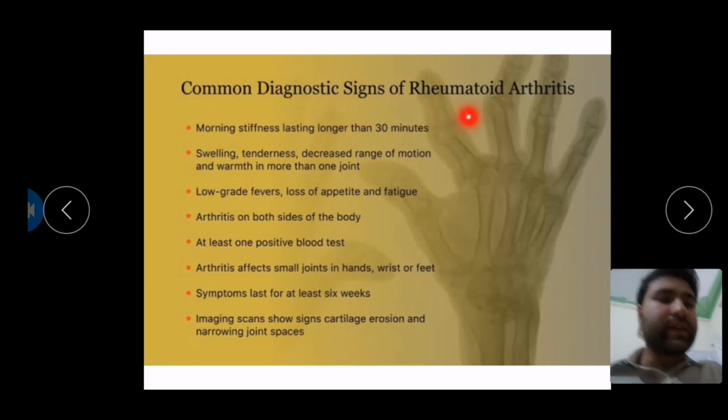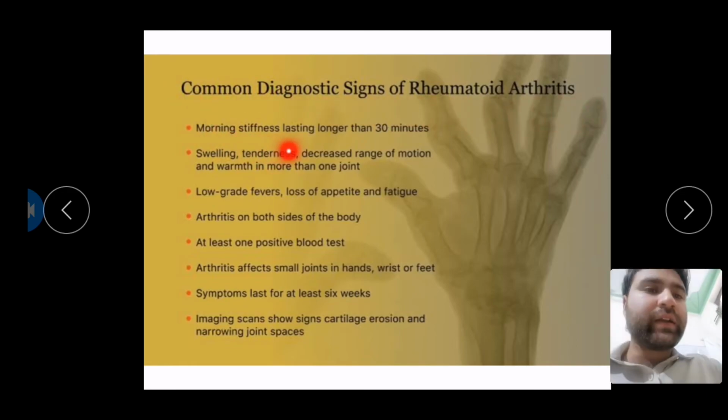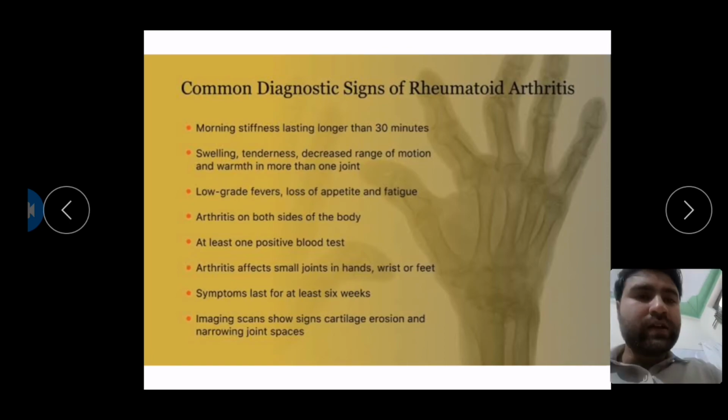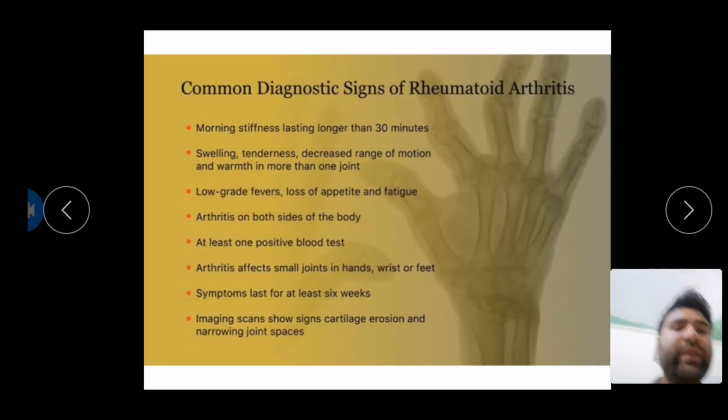Common diagnostic signs of rheumatoid arthritis are morning stiffness lasting longer than 30 minutes, swelling, tenderness, and decreased range of motion and warmth in one joint, low grade fevers, loss of appetite and fatigue, arthritis on both sides of the body, a bilateral condition, at least one positive blood test for ACPA, anti-citrullinated protein antibodies.